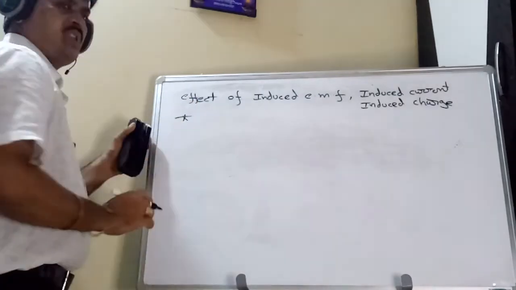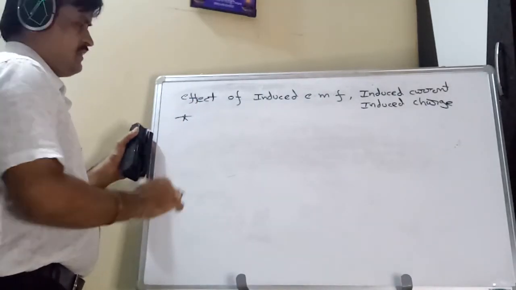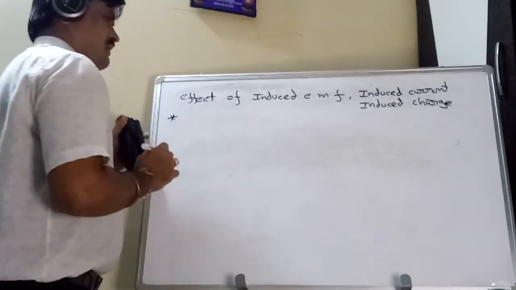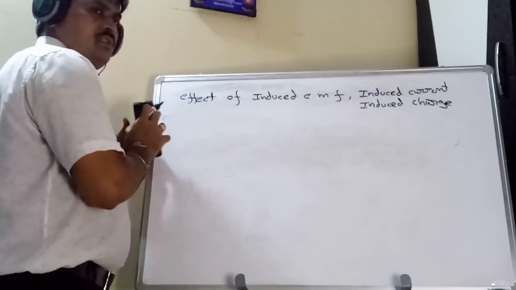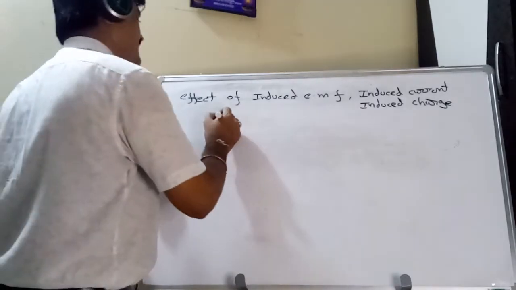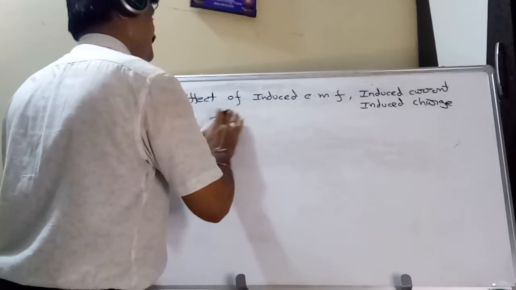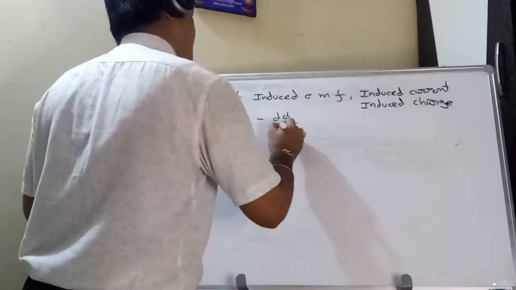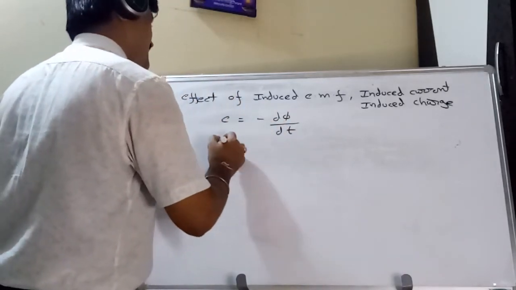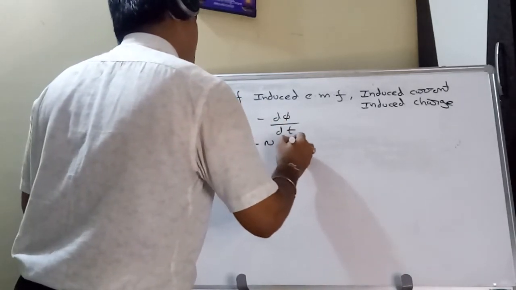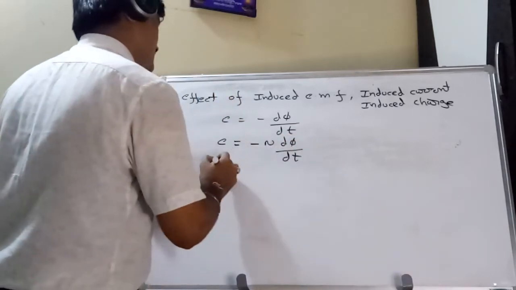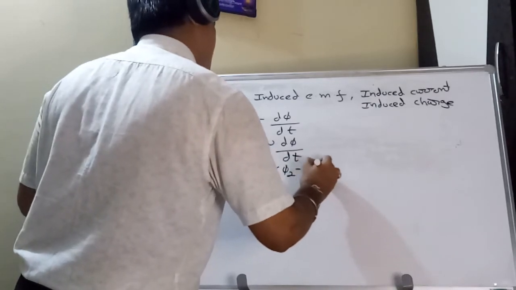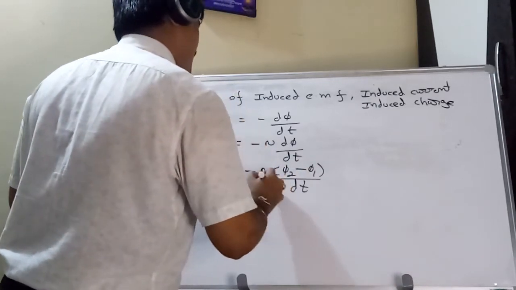According to Faraday's second law and Lenz's law, E is equal to minus d phi by dt. For N turns, E is equal to minus N d phi by dt. So E is equal to minus N into phi 2 minus phi 1 by dt, where N is the number of turns.